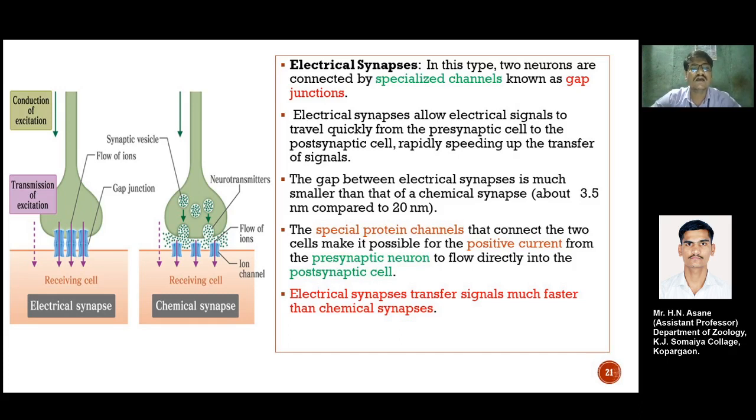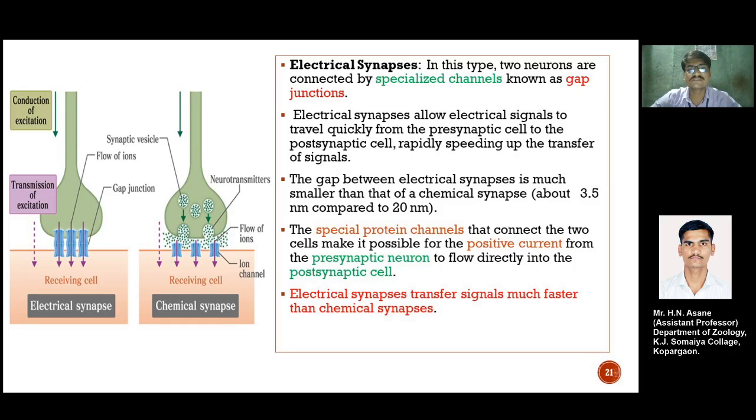So this is the main difference: the chemical synapse is slower than the electrical synapse, which is mediated by gap junctions. In an electrical synapse, two neurons are connected by specialized channels known as gap junctions.